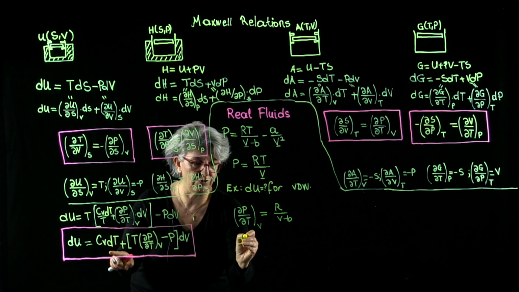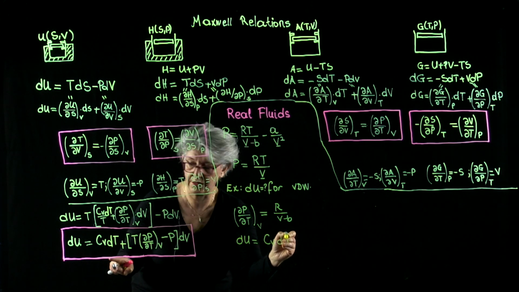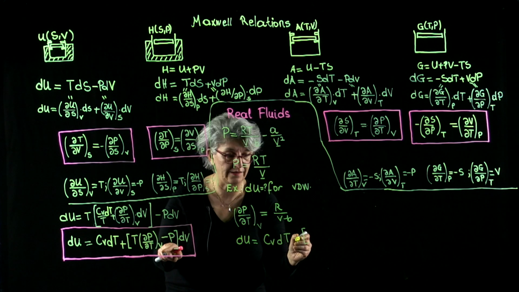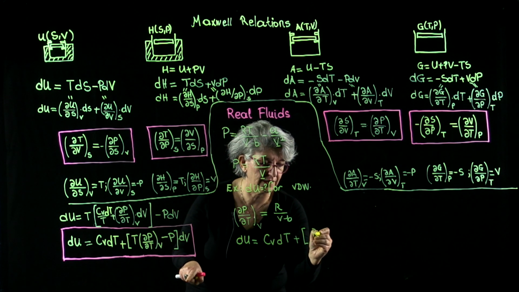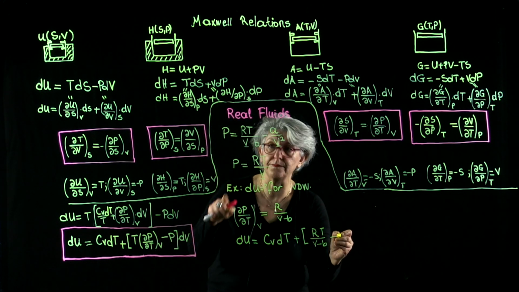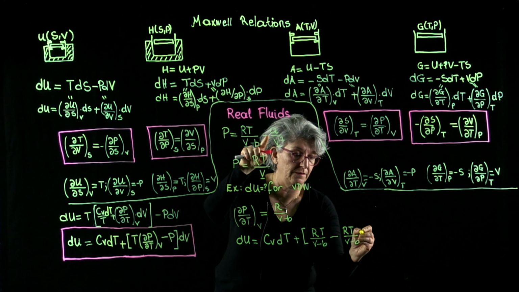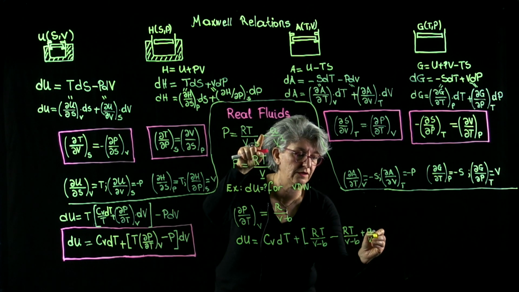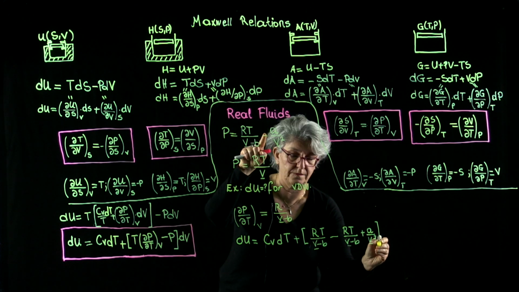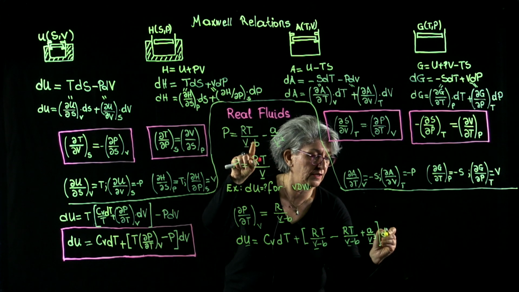And so my internal energy is CV dT plus T times del P over del T at constant V. I will multiply this by T, minus P, RT over V minus B, plus A over V squared, and of course this has an underscore, times dV.